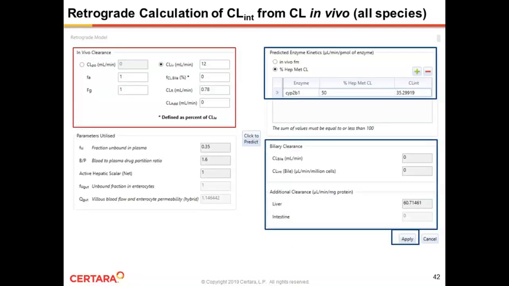And you can input your in vivo intravenous clearance or your in vivo oral clearance along with the information on Fa and Fg in order to predict your enzymatic clearance if you are aware of a particular enzyme that is responsible for the metabolism of your drug. And if not that, then you can also predict the intrinsic clearance for the whole organ, such as the liver or for the intestine.